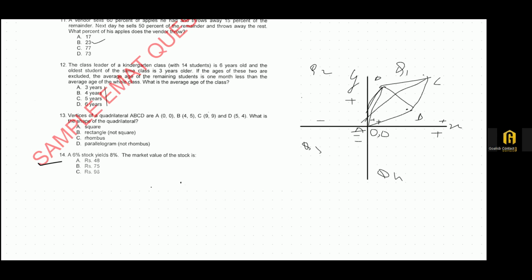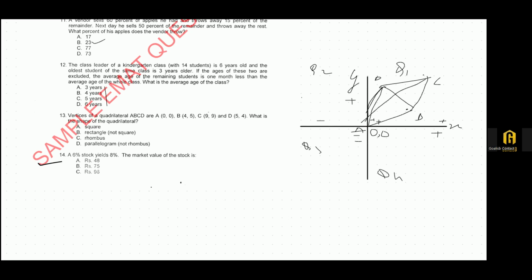If they are not equal, then we check the length of the sides. If all four sides are equal, diagonals are also equal, then it's a square. If all four sides are equal, diagonals are not equal, then it's a rhombus. And if opposite sides are equal, then it might be a parallelogram. For that, there is another check that I'll tell you.